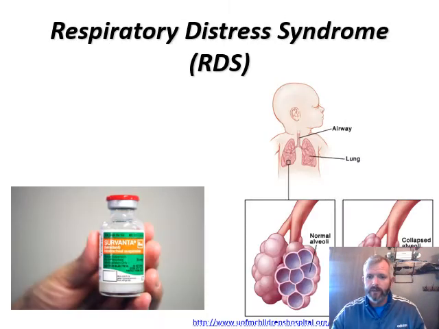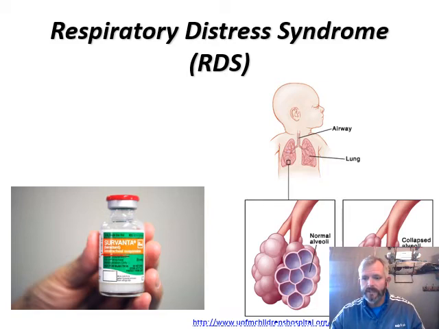So how do we overcome this? One of those is to incorporate artificial surfactant. Put surfactant in. So here's what a normal alveoli looks like. You can see nice and stretched, whereas without surfactant, it is harder to stretch them.